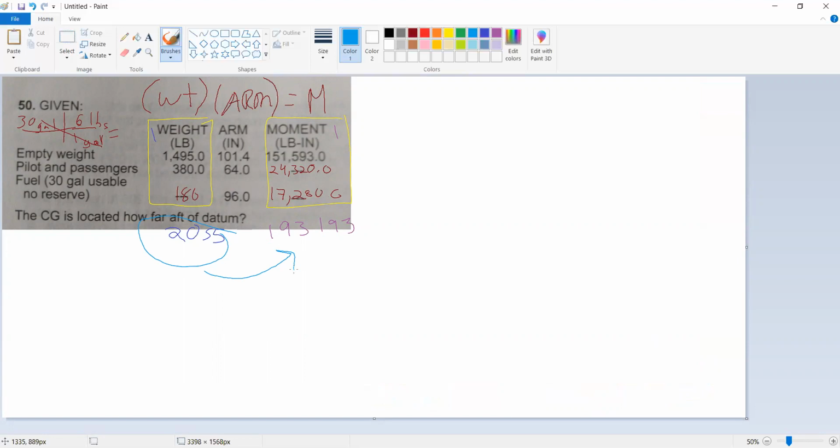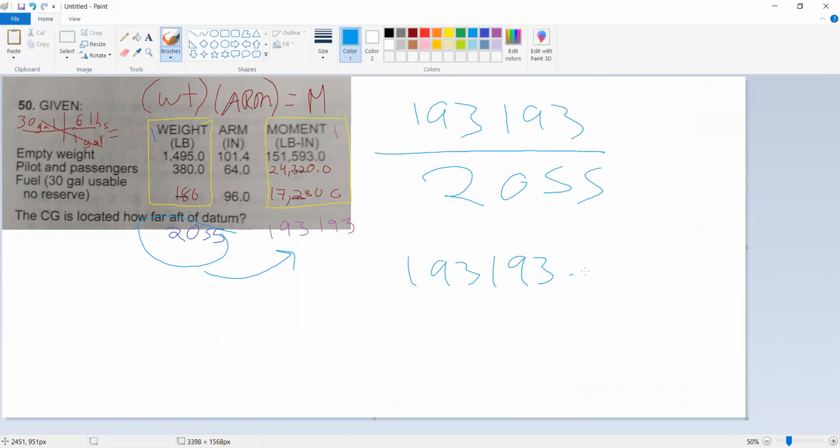So we could write it different ways. We could do 193,193 over 2,055, or you can do 193,193 divided by 2,055. After you do the math, you will come out with the quotient of 94.01, and that is the answer.